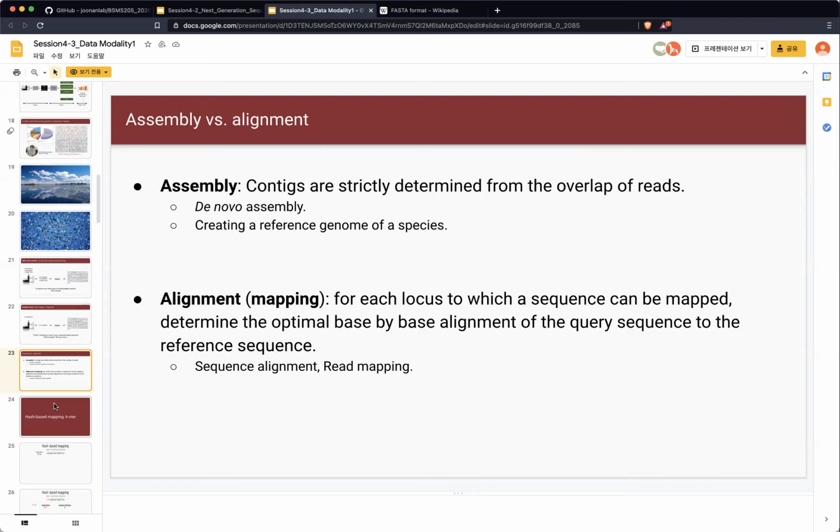But most of the topics we deal with in this class are a different notion. We are more into the genetics part, and how we understand the variants from a person or the population. So we are more into the alignment situation.